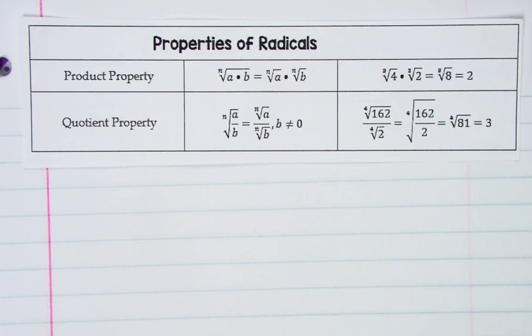Product property is multiplying. If you have two things you're trying to multiply together, they both have the same n, the same root, like the nth root of a times the nth root of b. You can multiply those together and put them all under one root. Okay, a times b, all under the nth root. You can combine. Quotient property, same thing.